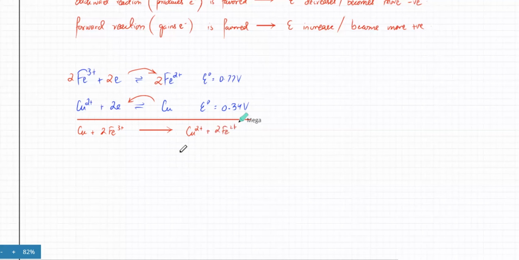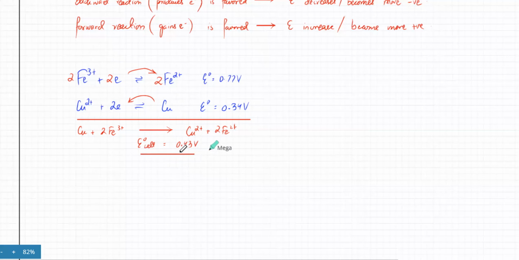It's got a certain E naught cell, which is 0.43, I think. So it's a feasible reaction, right?